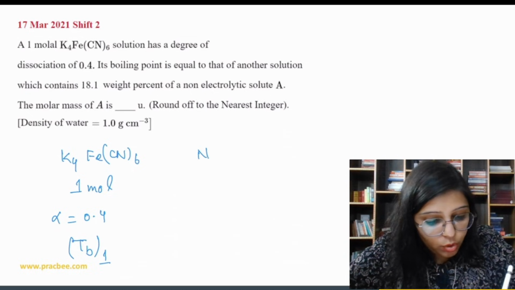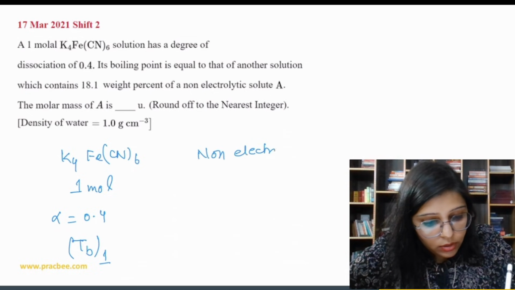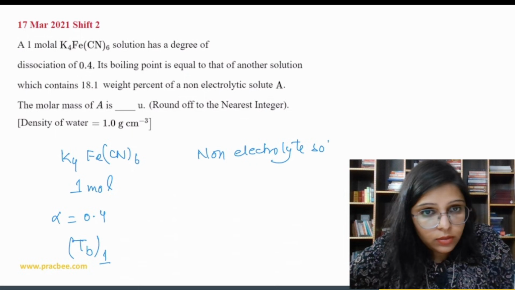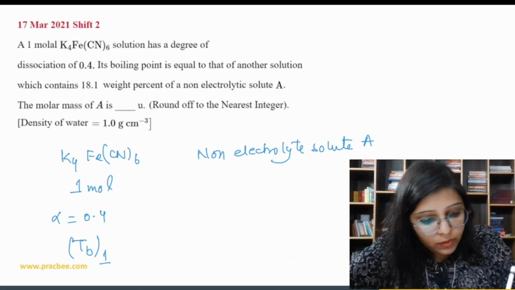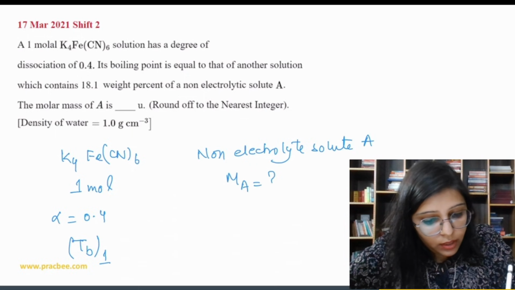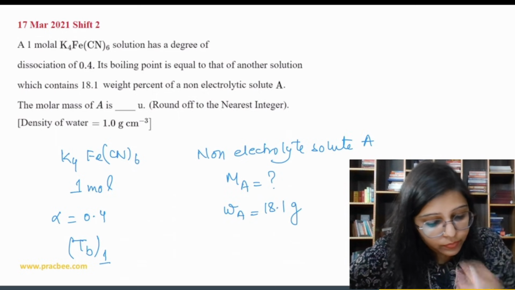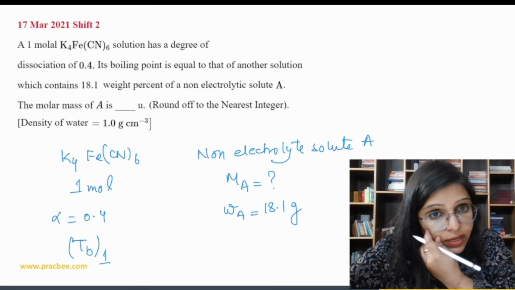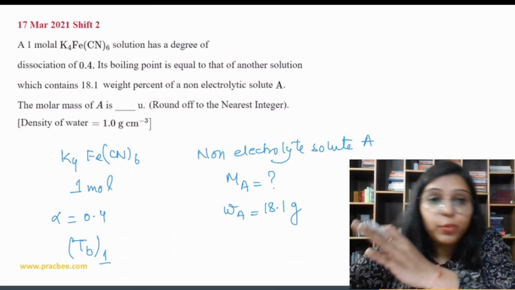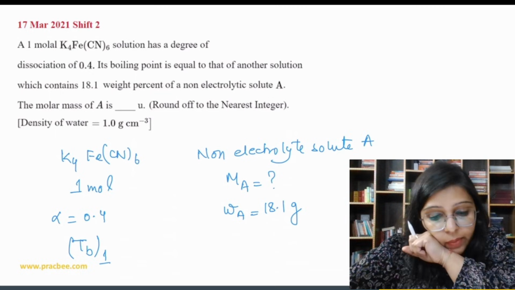So here we have non-electrolyte solute A. We have to find out the molar mass of A. So here the given mass of A is 18.1 gram. We have to find out what? Molar mass of A. Okay.